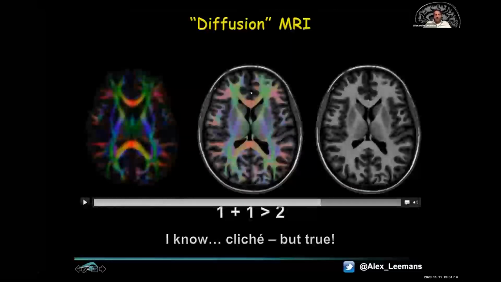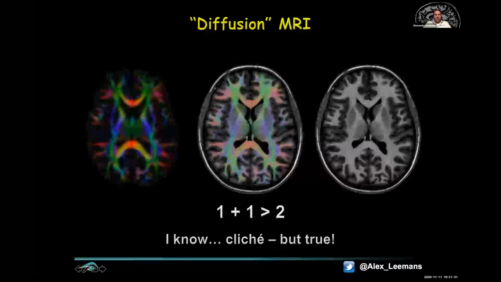But here, we can clearly see that here we're looking front to back in green, and here it's more reddish, left, right. Think of the corpus callosum connecting two hemispheres. In the middle, it's clearly red. Here it's arcing to the front, and you get a green color. So by just looking at these color maps, you already have a good idea of the underlying organization of the fiber pathways.